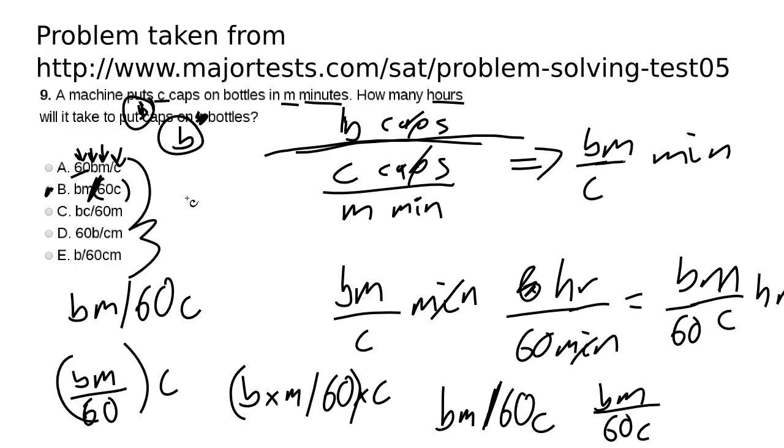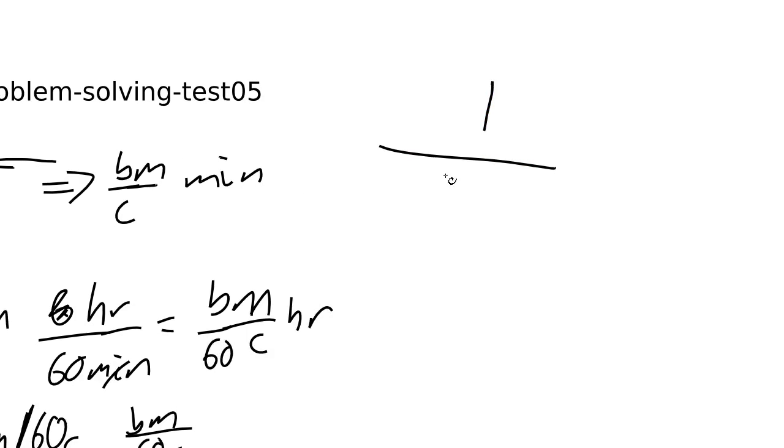And the way that I always like to do that, rather than thinking, okay, I've got this machine, and if it can do B bottles in M minutes, or C caps in M minutes, and rather than trying to think through it, I don't even have to think about machines and bottles and caps when I put it into a mathematical expression, and I write my units, and I effectively do algebra on the units, where caps divided by caps cancels out, and 1 over minutes turns into a minute.